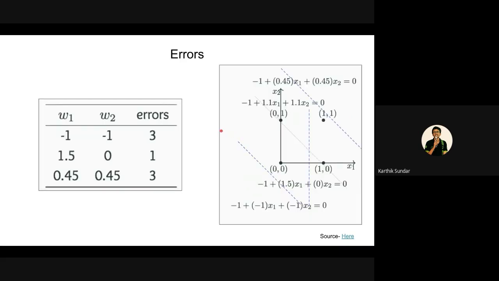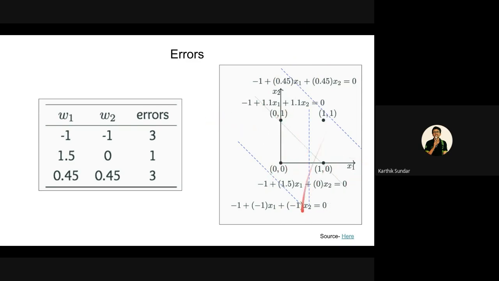Let's say this particular line, -1 minus x1 minus x2 equal to 0. If you take this line as the hyperplane, it generates everything as positive because all 4 points are lying above this line.